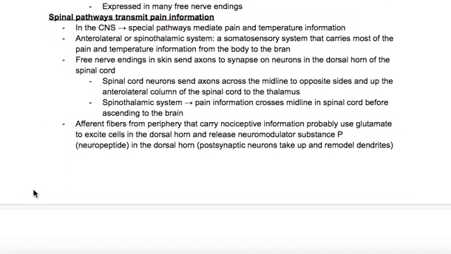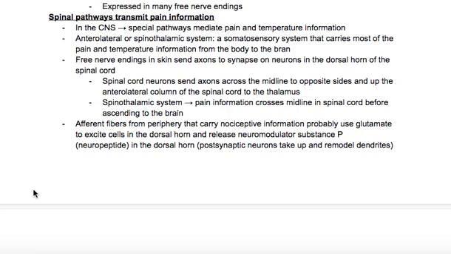Next section is Spinal Pathways Transmit Pain Information. Within the central nervous system, there are special pathways that mediate pain and temperature information. This is the anterolateral or spinothalamic system, a somatosensory system that carries most of the pain and temperature information from the body to the brain. Free nerve endings in the skin send axons to synapse on neurons in the dorsal horn of the spinal cord.